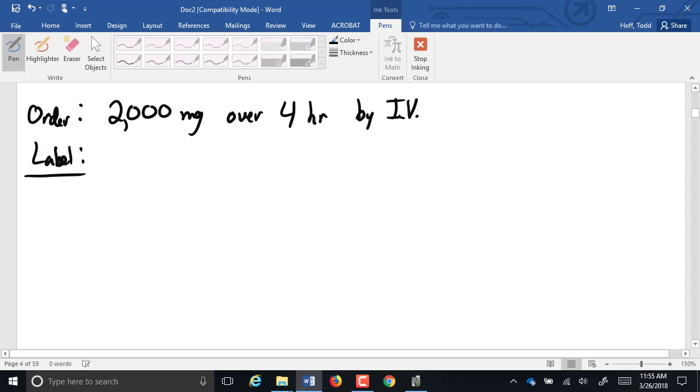Our label states that this medication is concentrated at 500 milligrams in 40 milliliters. We want to find here our flow rate in milliliters per hour.